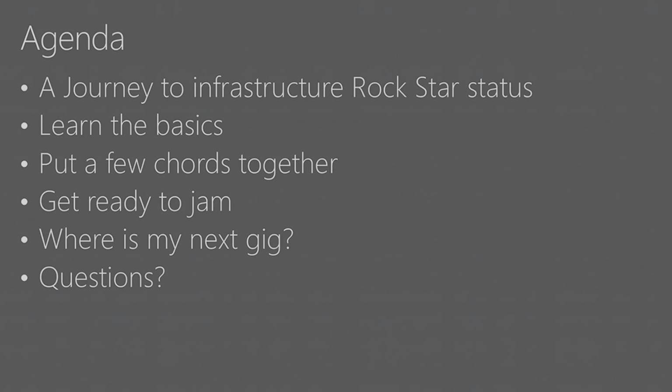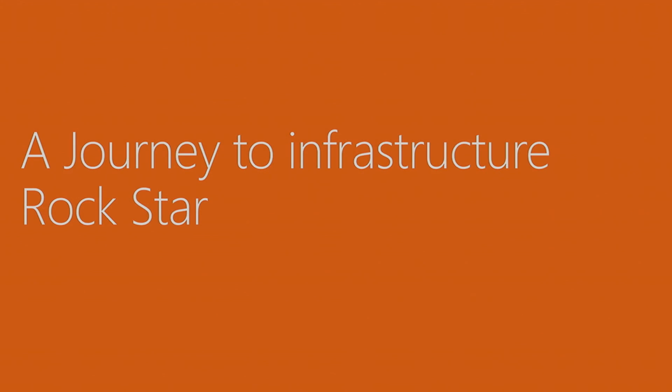And today we'll walk you through an end-to-end operation scenario. After that, you're probably wondering, where's my next gig? What are the resources and education I need to put in front of me so that I can make that journey to rockstar status? And then lastly, we'd love to take your questions down here at the stage afterwards. Let's start our journey.